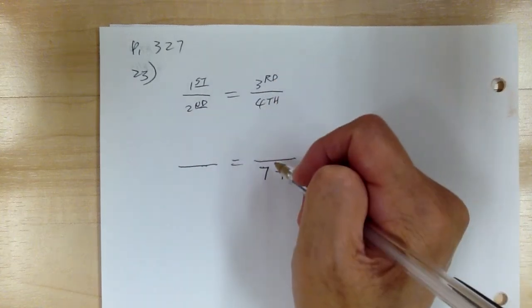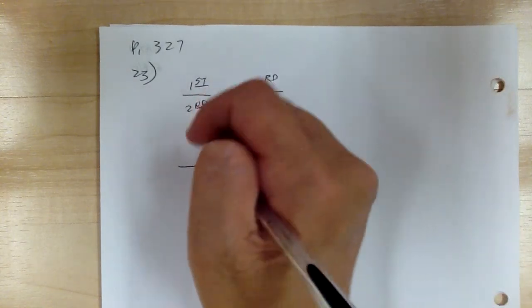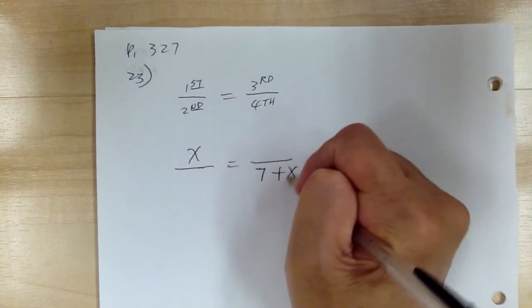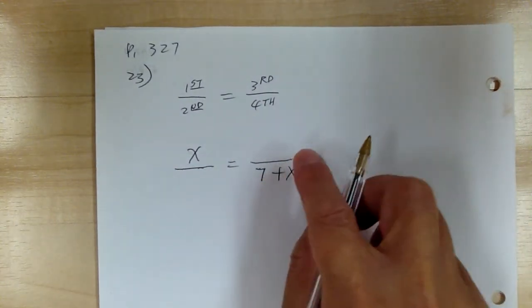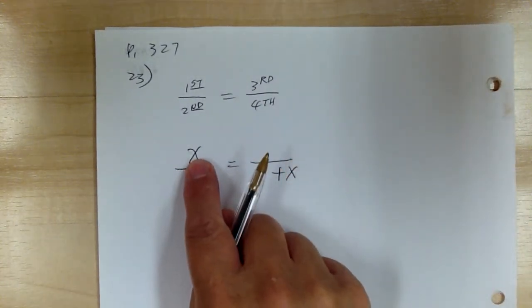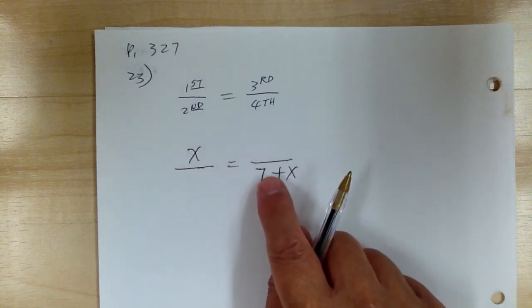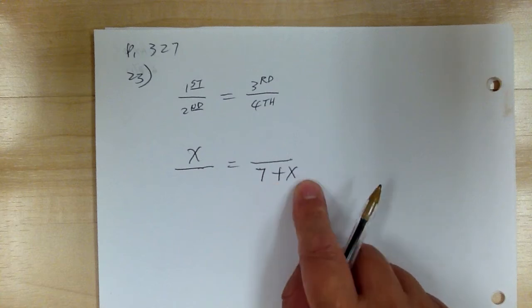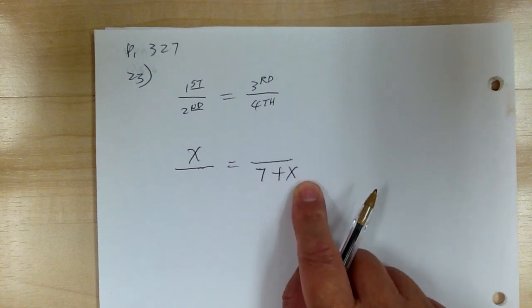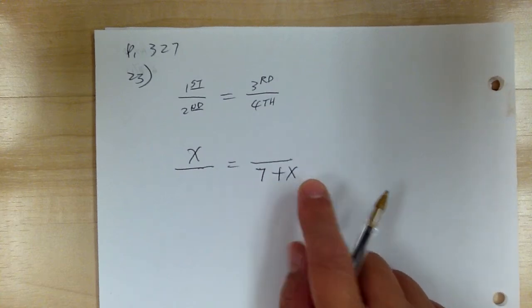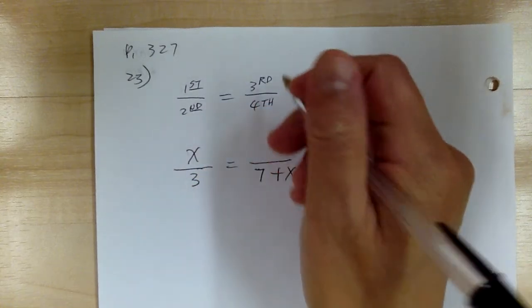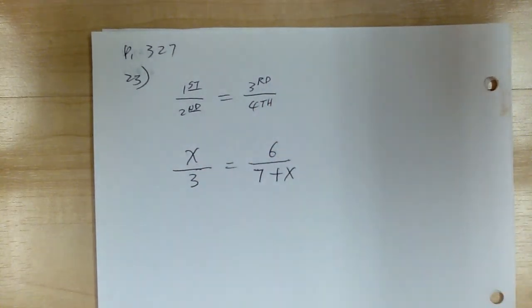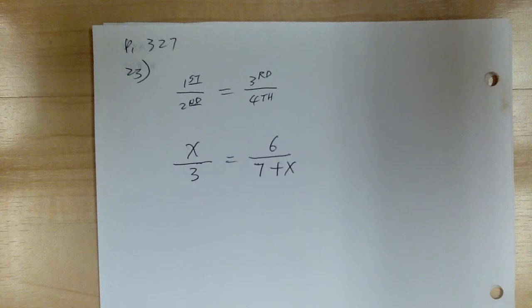The first term is a reference, so I'm going to call it x, because you don't know what it is. When you translate, the fourth term is 7 more than the first. Then it says find the proportion if the second term is 3 and the third term is 6. You're looking for proportions.